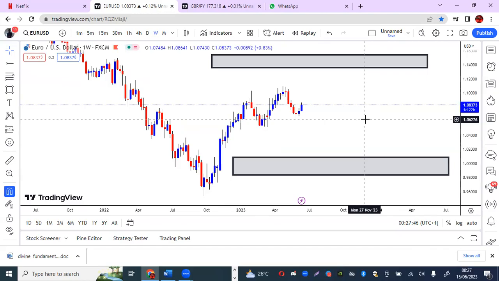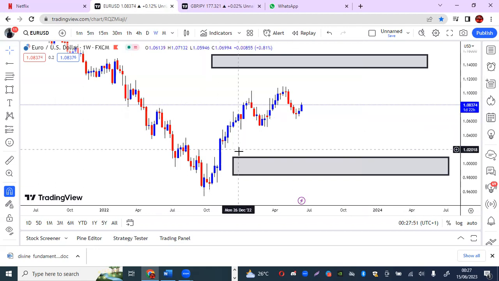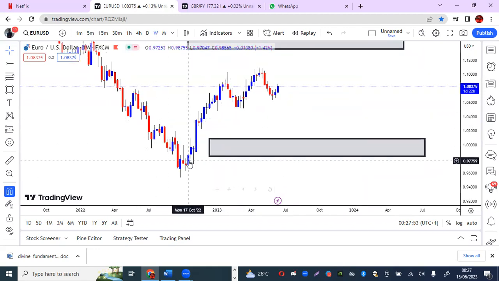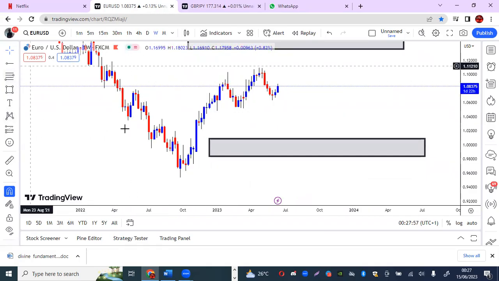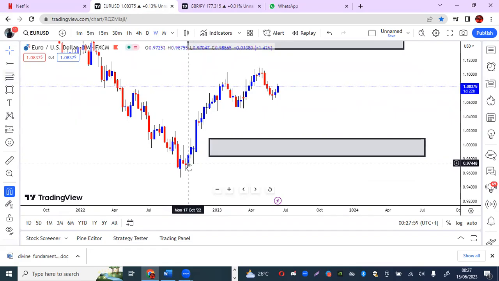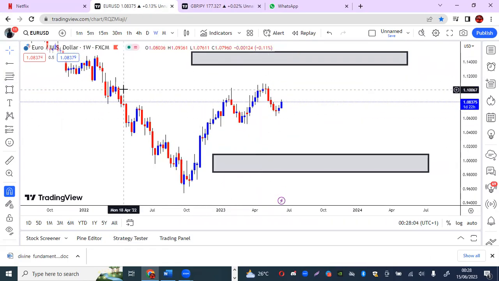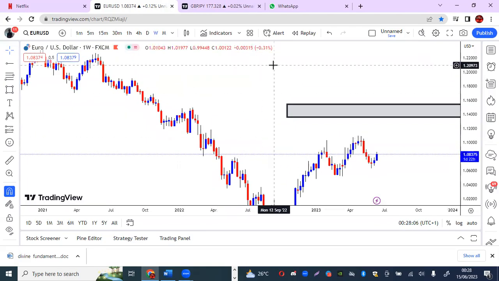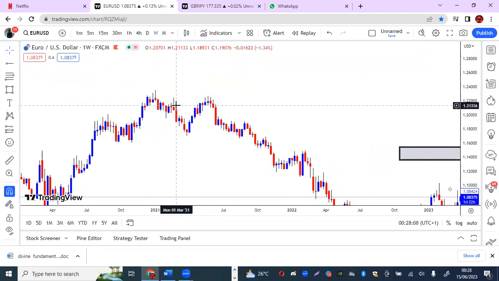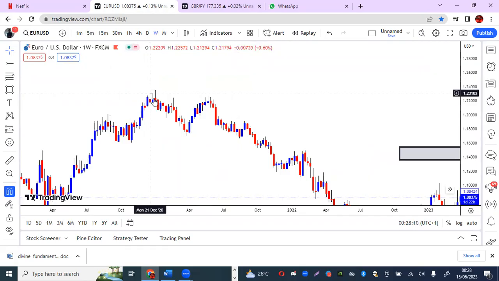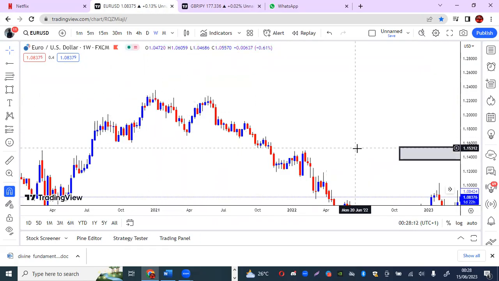We talked about drop base rally, which is the demand. That's the V shape: price drops, then creates a base, then rallies up. Then we talked about the rally base drop, which is the supply. Price rallies up, creates a base, and then drops.